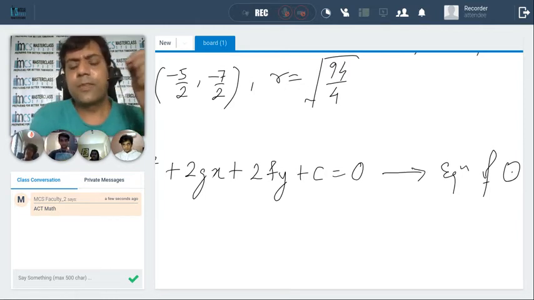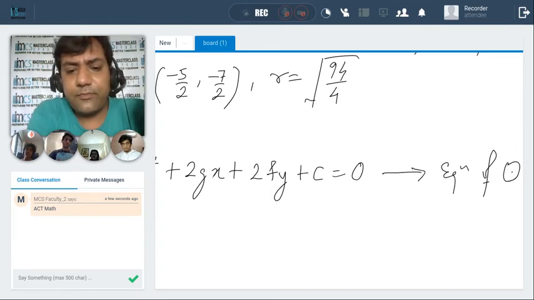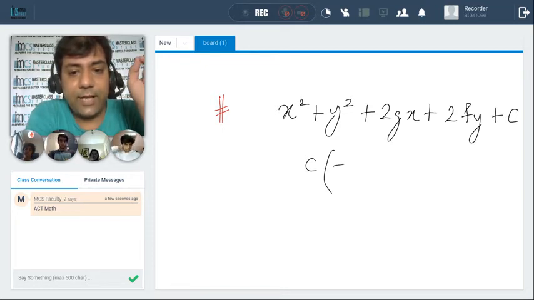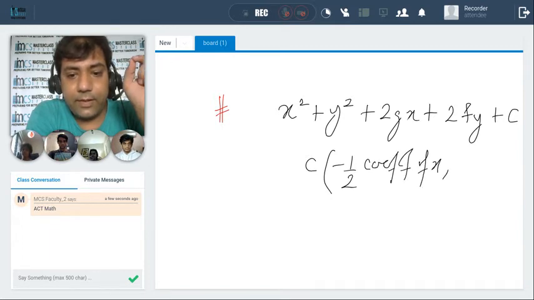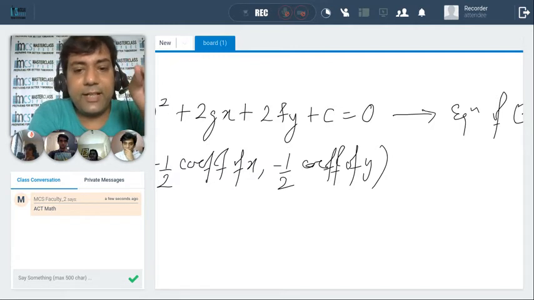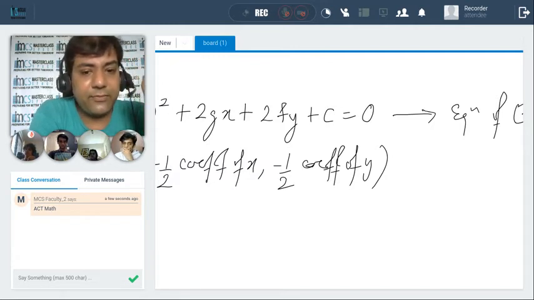Now if you get a question like this, then the center is minus half times the coefficient of x and minus half times the coefficient of y. So basically it is going to be minus g comma minus f.